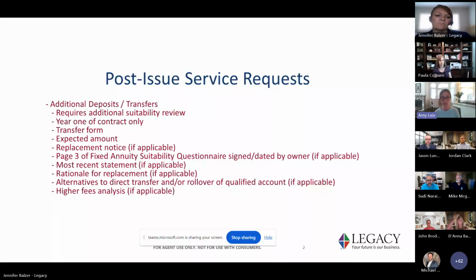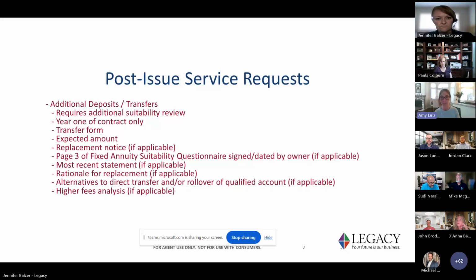And then if it's a qualified transfer, we send an inquiry on alternatives to the direct transfer. It relates to page 5 of the suitability form, qualified transfers. So, if there are other alternatives that they looked at, or if the fees or charges are higher on ours versus theirs.